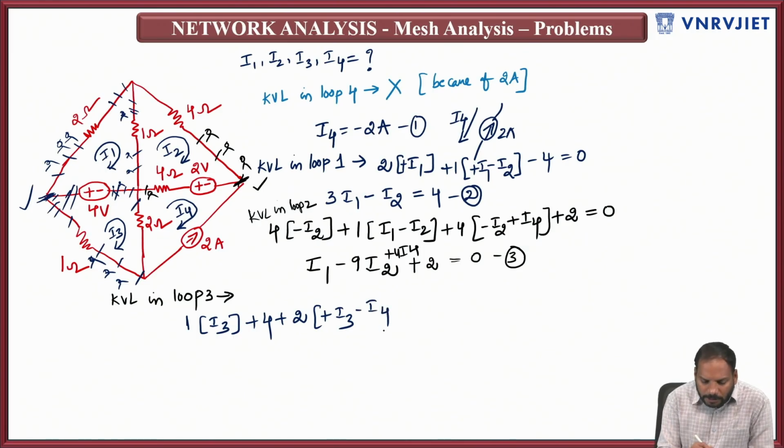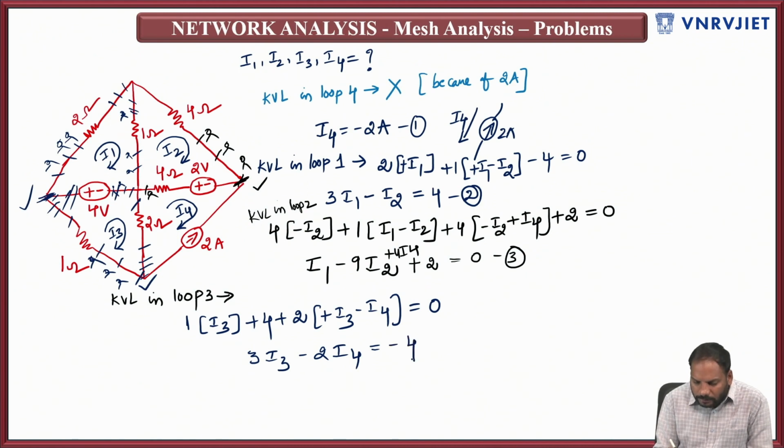Then you come back to the original position is equal to 0. Okay, now 2I3 plus I3, 3I3 minus 2I4 is equal to, how much you are getting it as? Minus 4. Okay, so this is equation number 4.